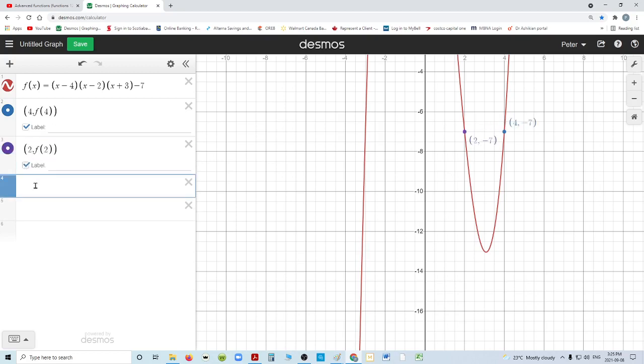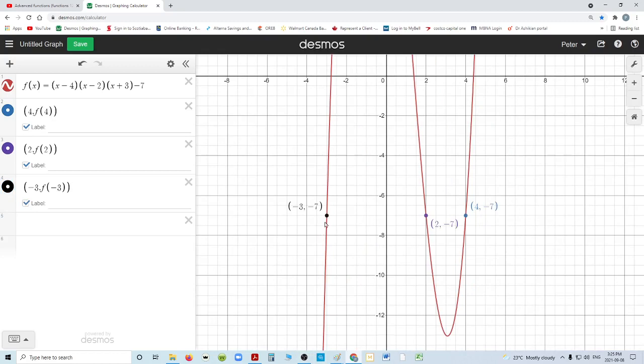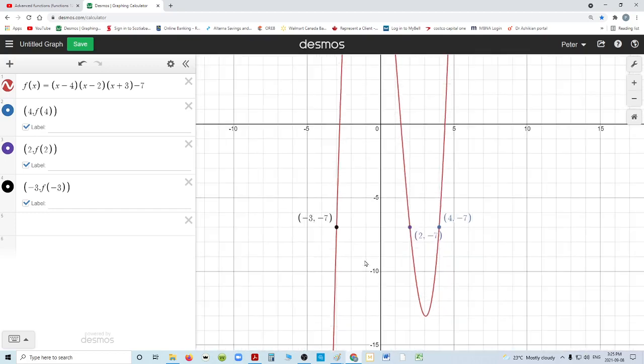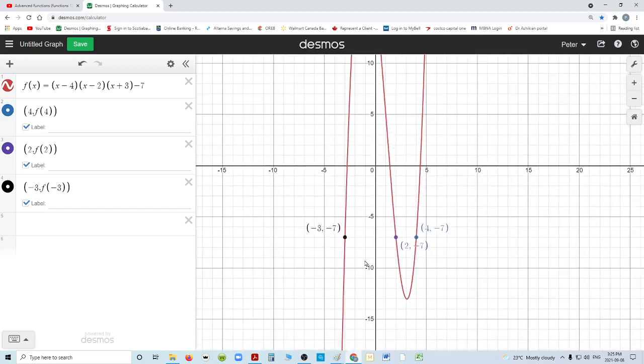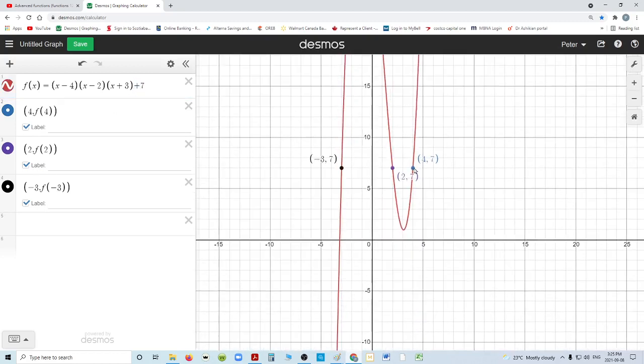I'm going to do minus 3 comma f of minus 3, and I'm going to label it. What's interesting about the remainder is it didn't raise it by 7, it lowered it by 7. Oh, I put plus 7 by mistake. There we go. It did indeed raise it by 7.